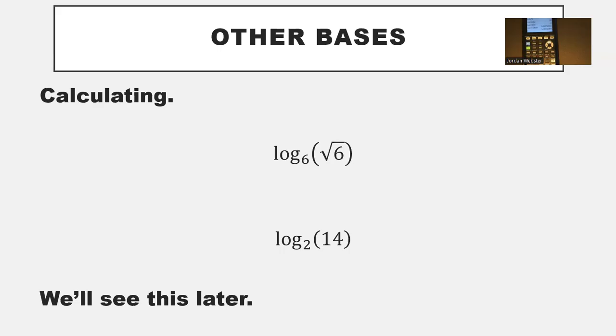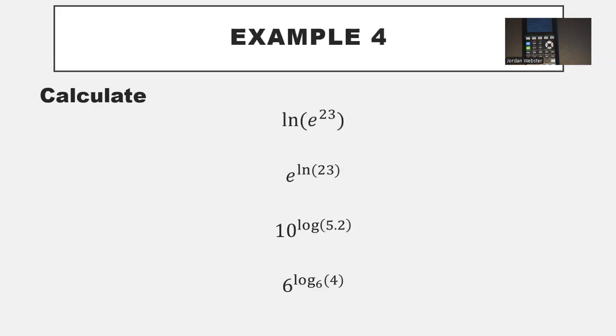I'll show you a couple of different tools to calculate with those logarithms, with log base 6, log base 2, log base anything we want, as long as the base is bigger than 0 and not equal to 1. So later on, we'll calculate with other bases, but right now, we have log base 10 and natural log on our calculator.